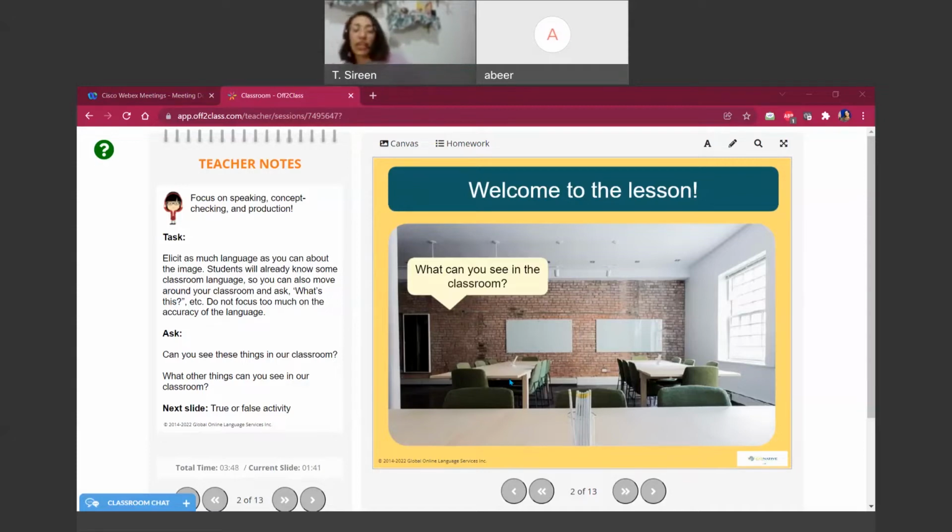We are saying, I am trying to ask about the items that you have in the class. For example, in the classroom we have markers that we use to write on the board. We have eraser, we have pens, we have notebooks, books. Yes, exactly. Okay, let's start now.